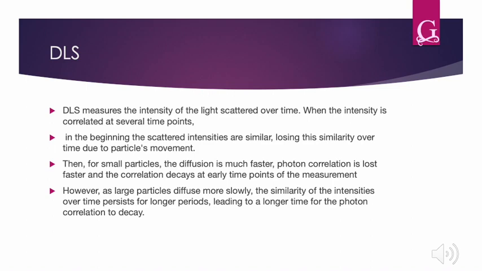Photon correlation is lost faster, and the correlation decays at early time points as the measurement proceeds. However, طبعا بالعكس تماما, large particles diffuse more slowly. The similarity of the intensity over time persists for longer periods, leading to a longer time for the photon correlation to decay.